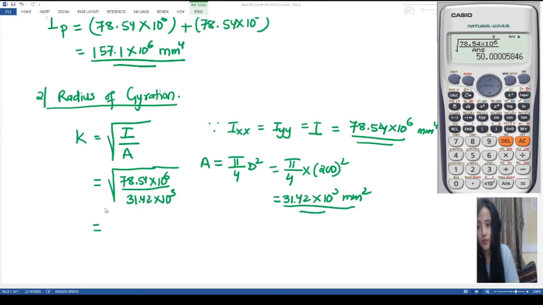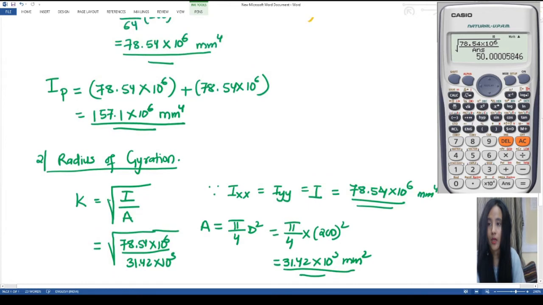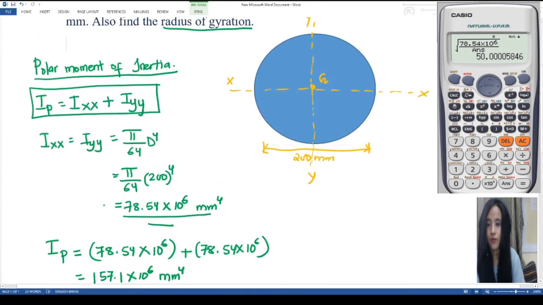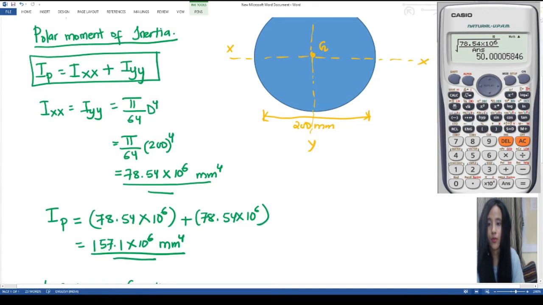The radius of gyration is equal to 50, and its unit is mm. So we have found the radius of gyration for the solid circular section, and it's equal to 50 mm, and the polar moment of inertia for this solid circular section is equal to 157.1 into 10 raised to power 6 mm raised to power 4.